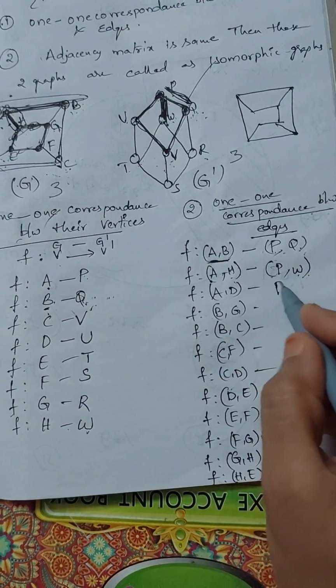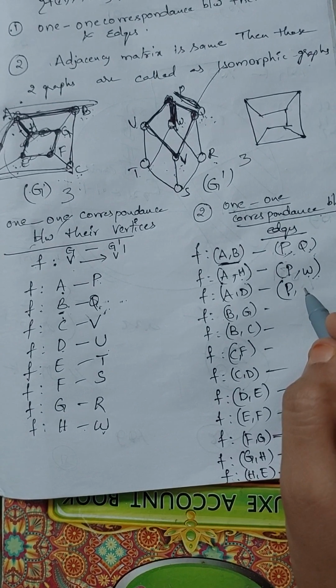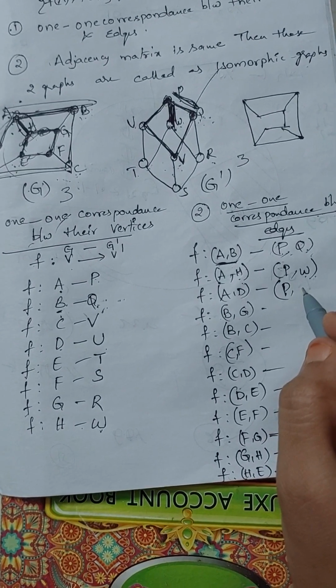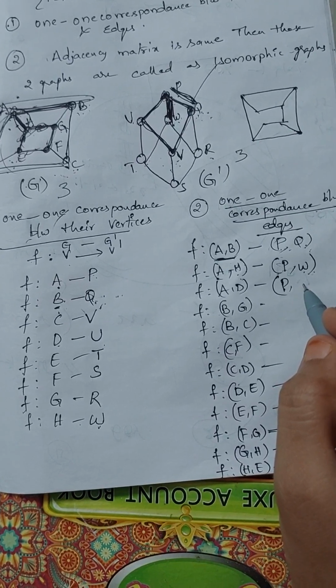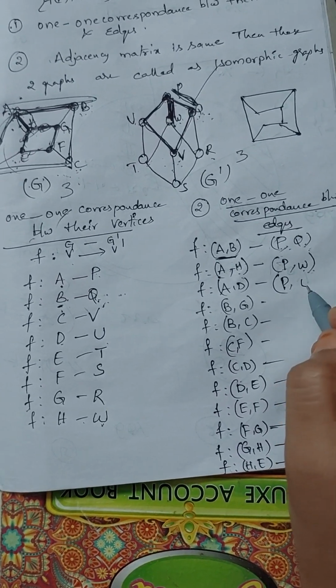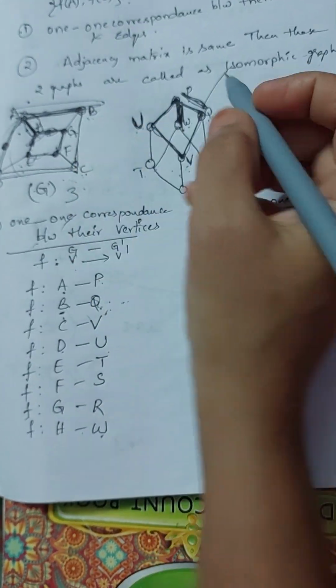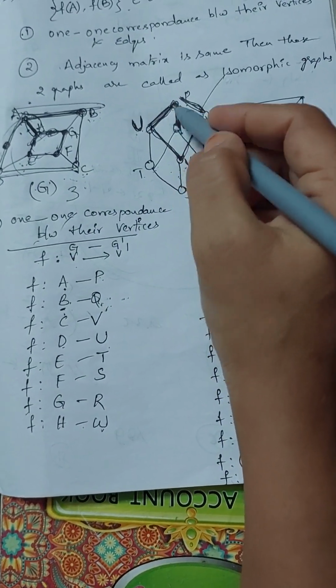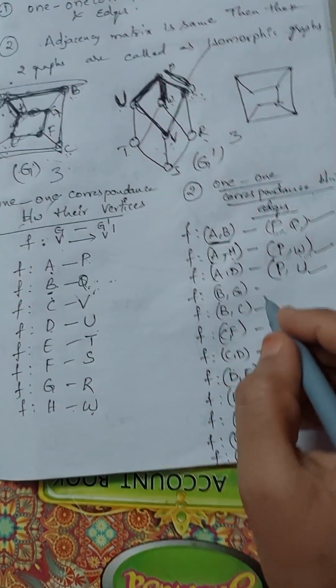Okay, next A comma D. D is mapping with U, A is mapping with P. So P comma U. So there is an edge from P to U. So here it is also the same.